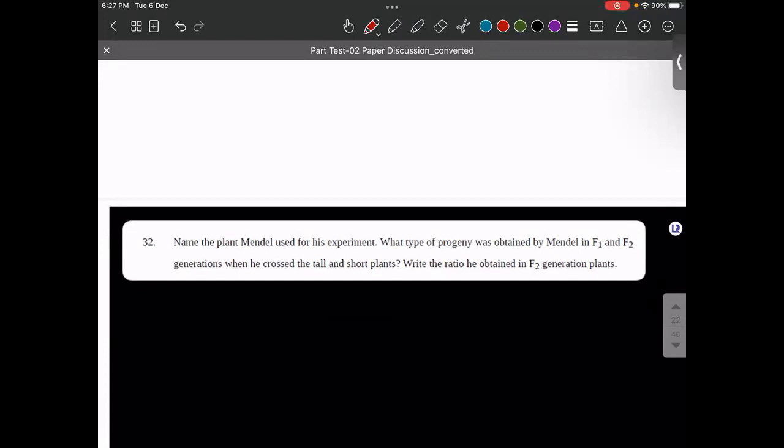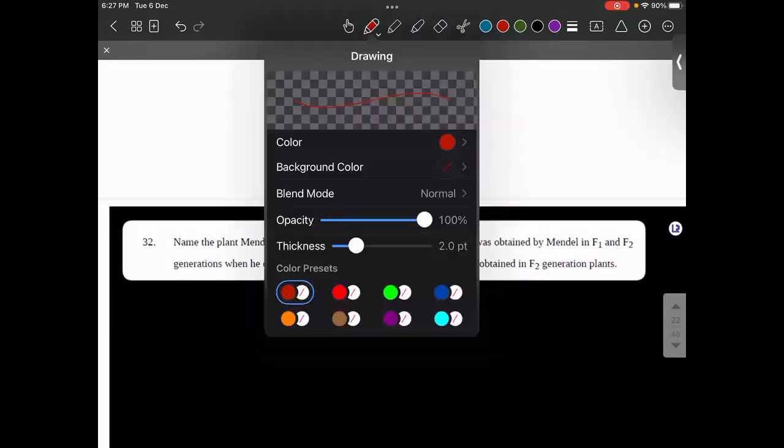The scientific name? What is the scientific name of pea plant? Hello students, what is the scientific name of pea plant? Sir, Pisum something, sir.